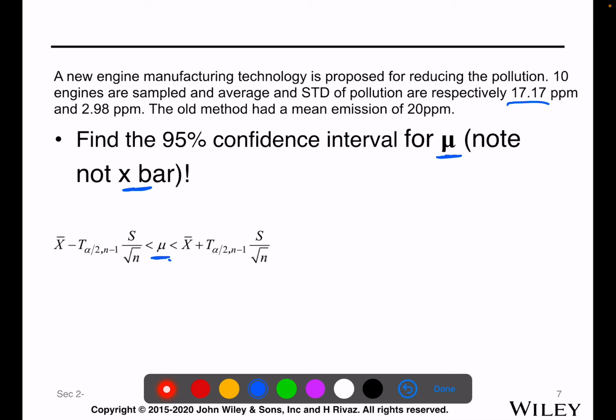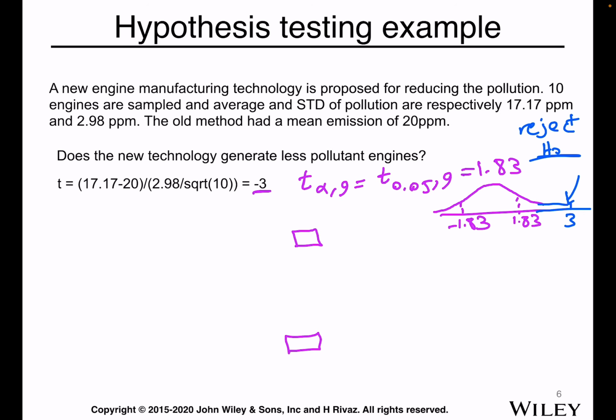right? So how do we find this? It's exactly the same as the procedure that we did before. We have to use this equation, and here we have to use t of alpha divided by 2. So we have S is 2.98, N is 10, and the only thing we have to compute is this number, and I think we have it in the table.